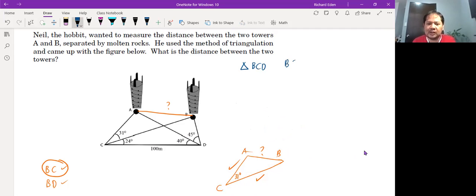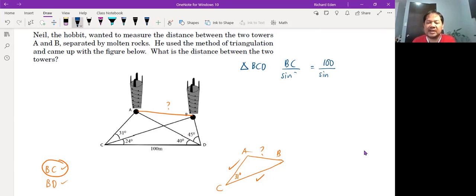So BC over sine of, 100 over sine DBC is equal to BC over the sine of BDC. Just tell me the angles if you already have that. 100 over the sine of BDC.